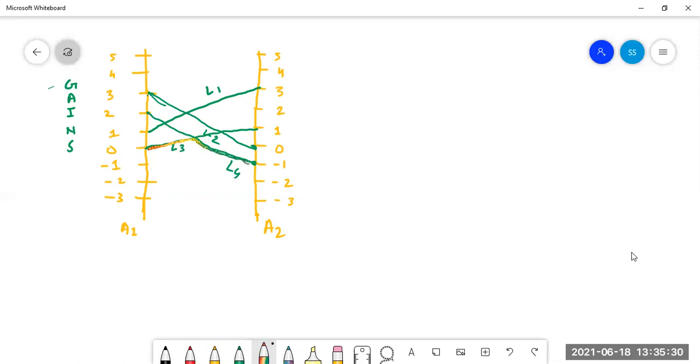So there is a maximum. This point is the maximum. This is the maximum point.